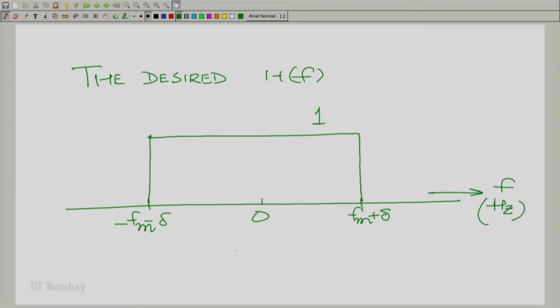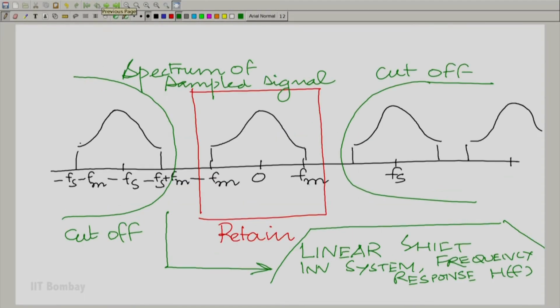Essentially, you must ensure that Fm plus delta is strictly less than Fs minus Fm. So, that is not very difficult to do. If you go back to the previous drawing of the spectrum, you can see that that should be possible. Look at it here.